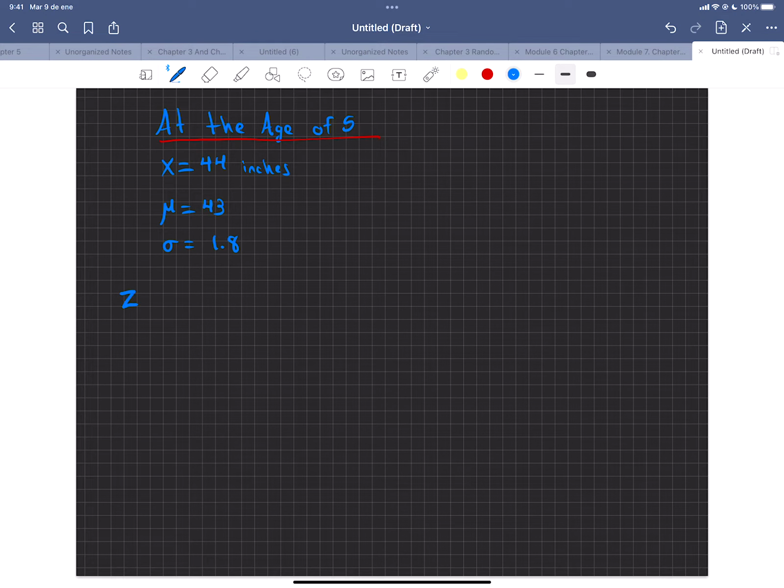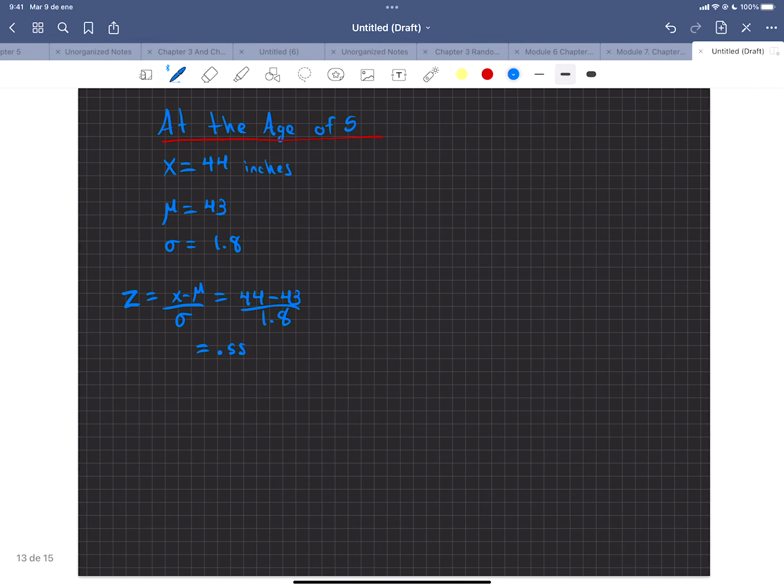So then C is equal to x minus mean divided by the standard deviation, which is the same as 44 minus 43 divided by 1.8. And I got 0.55.